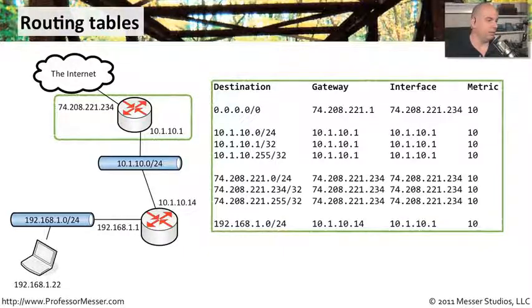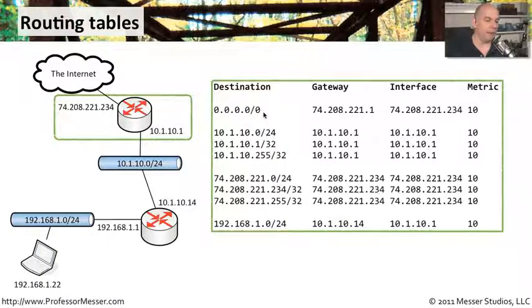If we look at this third device, this router that I have on my network, on one side I have put in a completely fake internet address here of 74.208.221.234 so that we can use this as our example. The inside address is 10.1.10.1. This one is a little bit different because this router not only needs to know how to send things out to the internet, how to send my mail to Gmail, how to send information out to these web servers, but it also needs to know how to get back to the 192.168.1 network.